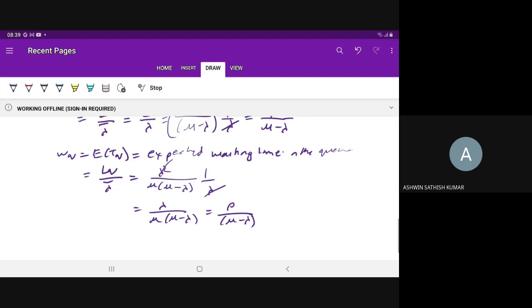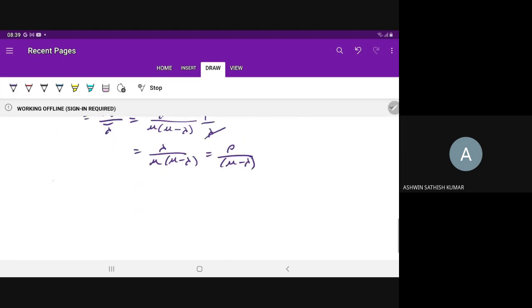If you have to compute the proportion of time the server is idle, the server is idle when there is no customer in the system. That is equal to P naught.